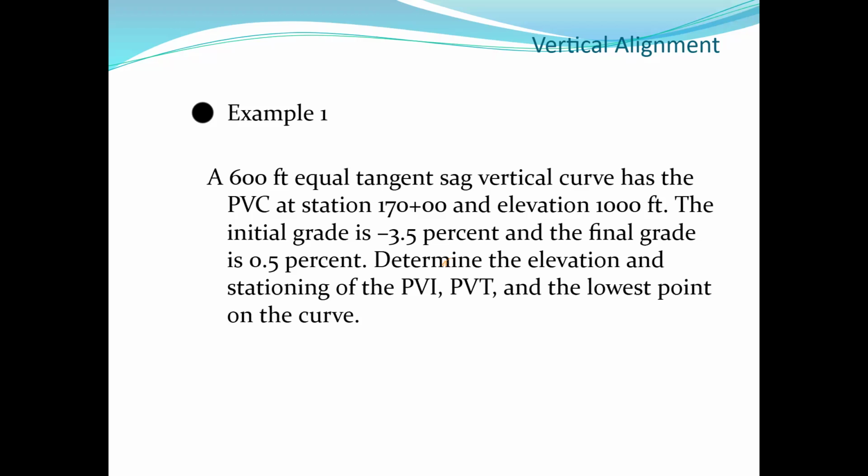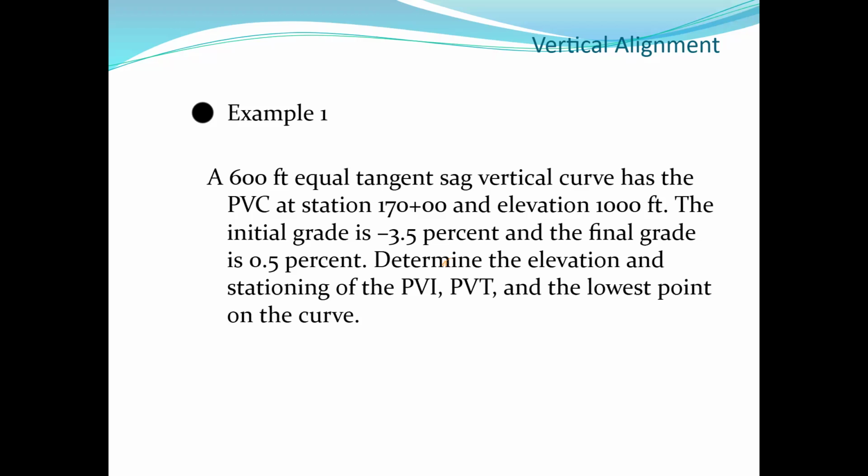For the elevation of PVT, the last point on this curve right here, this is your PVT. Because this point is located at the end of the curve, you can put in X equal to 600 and solve for the elevation of PVT. So let's find the elevation of PVT first by plugging X equal to 600 into this equation, and give me what that value comes out to be.